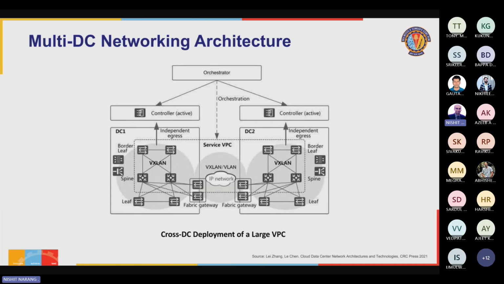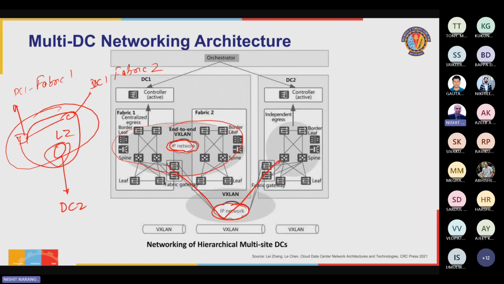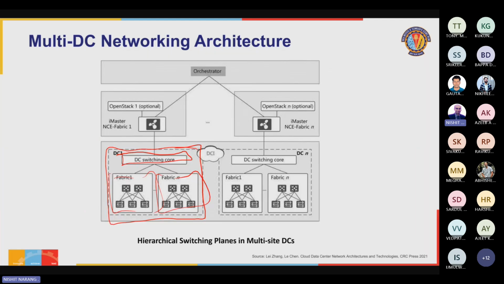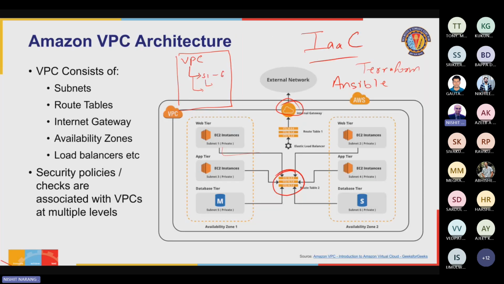So remember, I made one statement at the start of the course. I said the underlay network and the overlay network operate in a completely disjoint manner. The architecture, the topology of the underlying network, whether it's a hierarchical fabric like the Facebook one, or a single fabric like this, doesn't make a difference to how I set up the overlay network. I can define my overlay network like this.